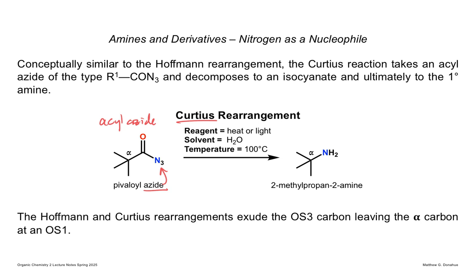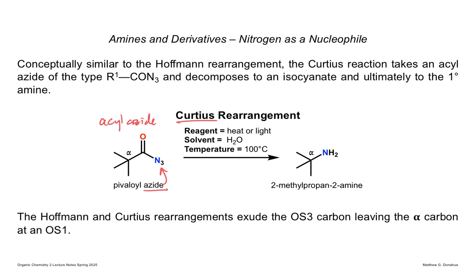The Curtius, you have to make that acyl azide. Those are kind of tricky to make. We'll learn more about that in Module 3, but as you see, the reagents are heat and light. I mean, there's light and there's heat in the room. So they can be kind of challenging to work with, so they don't spontaneously do things you don't want them to.